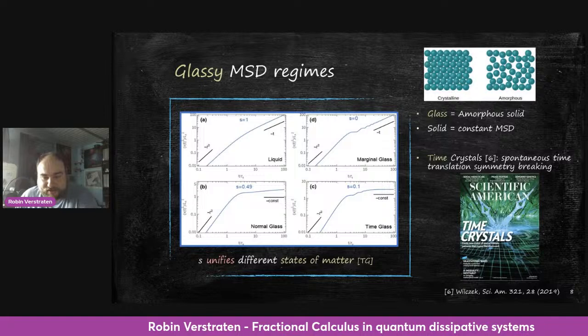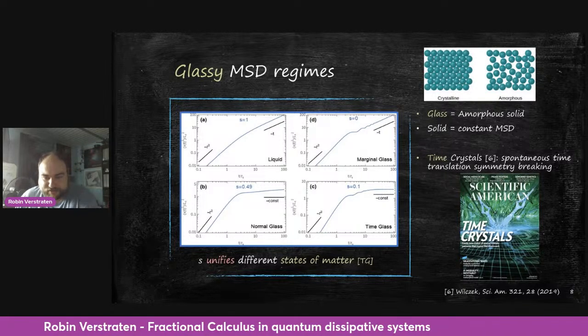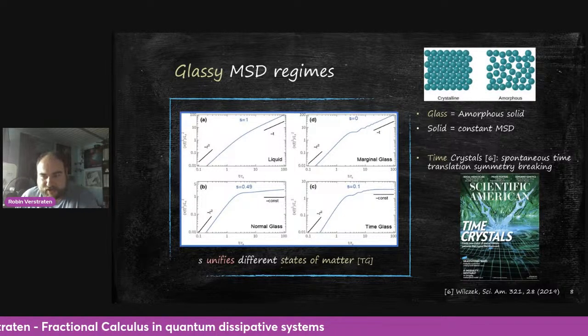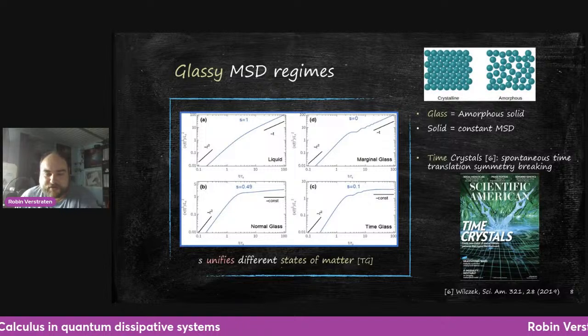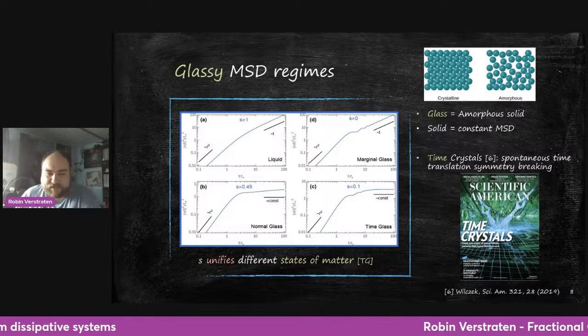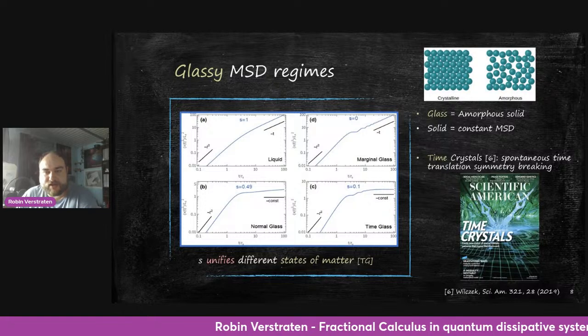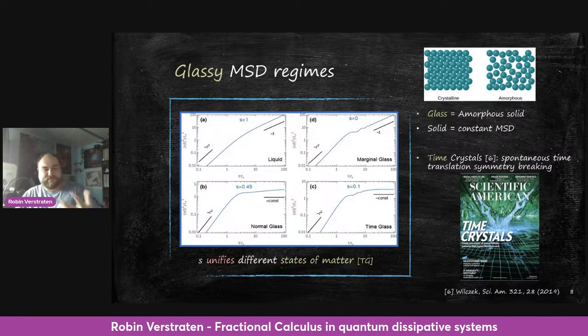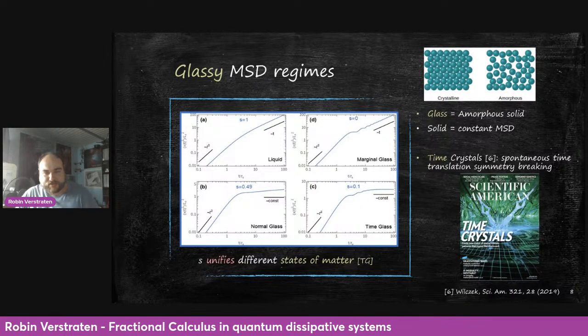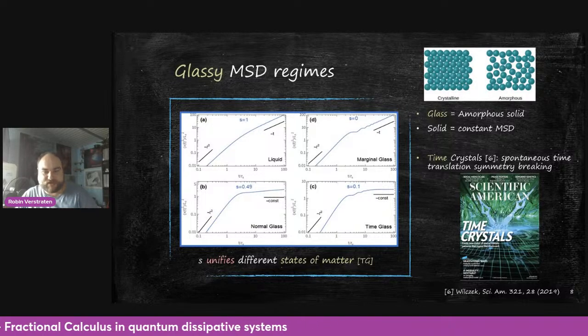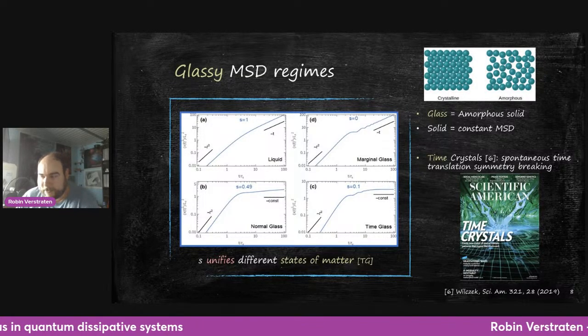Now, quantum mechanically, it turns out this is possible under certain situations, which is why it made the cover of Scientific American. But this time glass is a similar thought, but inside glasses instead of crystals. So we have a glassy phase here, which exhibits this spontaneous time translation symmetry breaking.